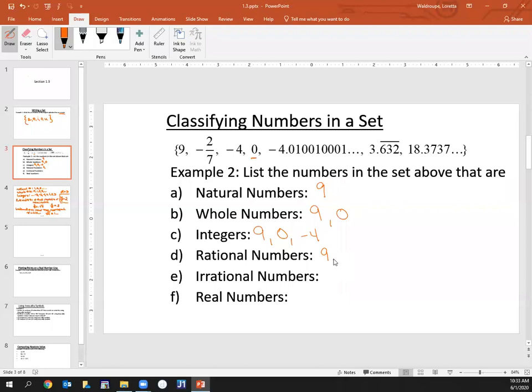Now, you got to be careful on this one because 2/7 is 0.285714285. You can see it goes this far before it starts repeating. So that is rational. -4 is rational. 0 is rational.